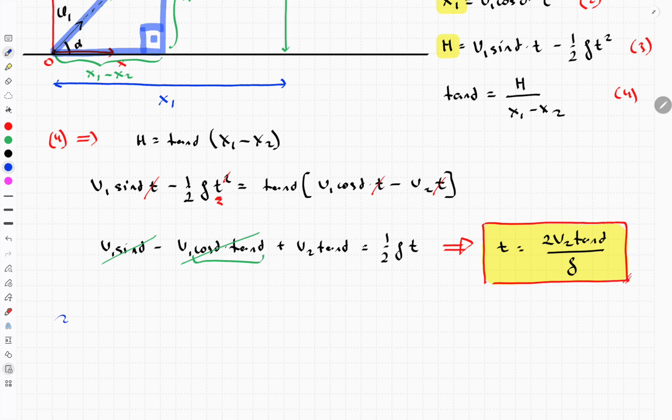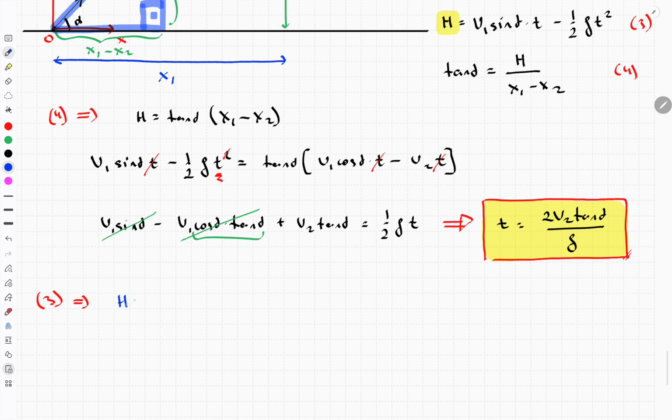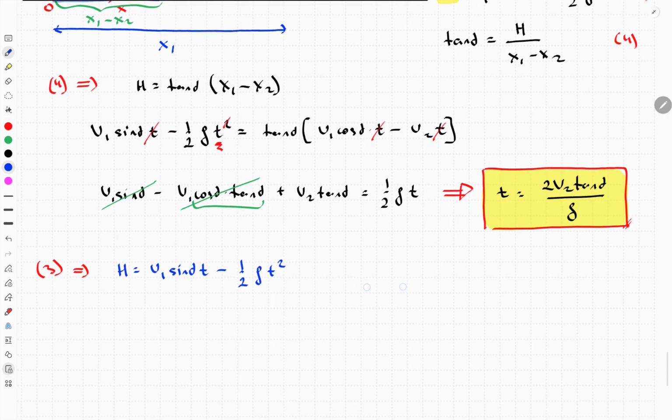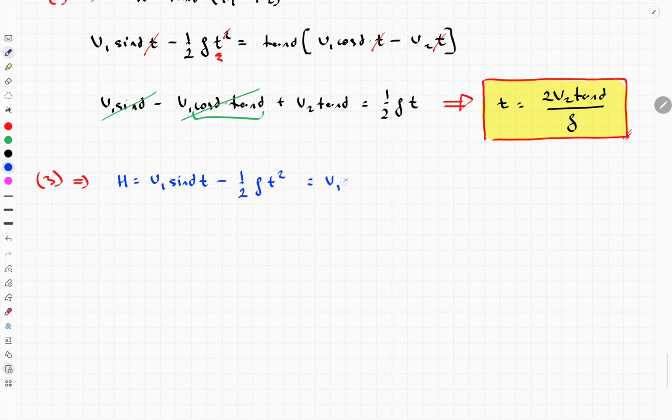So now it is just calculation. So this is equation number 3. I will substitute time in general form, v1 sine alpha t, minus g t squared over 2. Here time squared, g squared. So we can remove one of the gravity. We can remove 2 and 4.